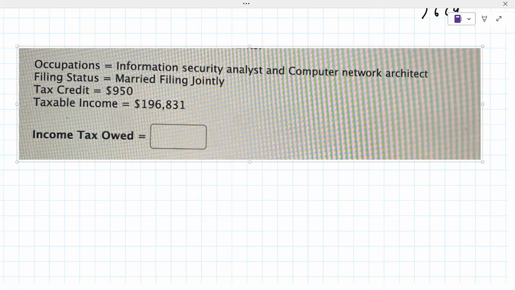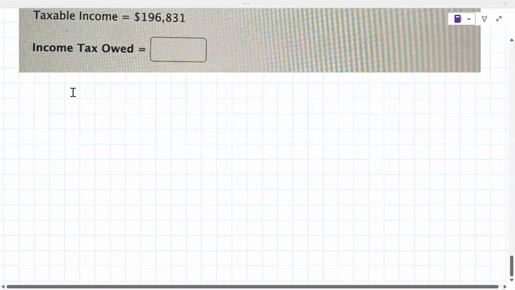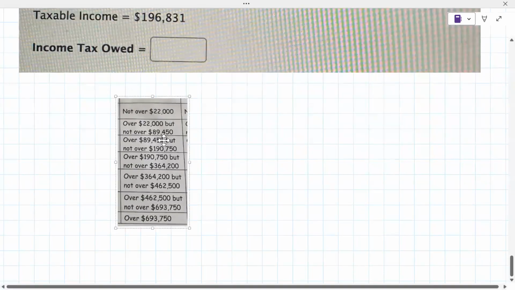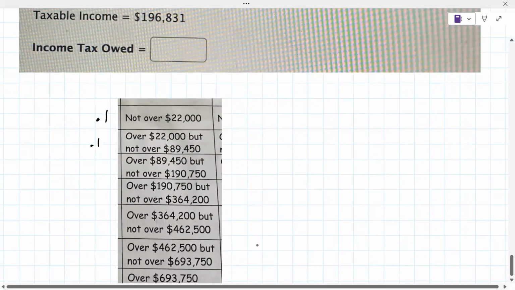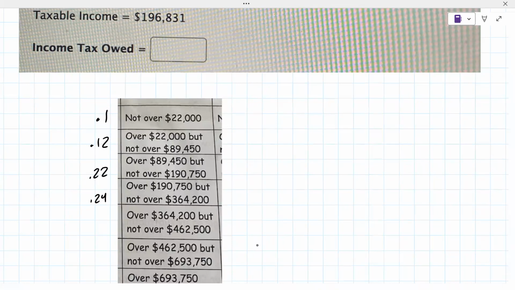So you're going to that table and using married filing jointly, the third column. So the first one is 10%, 12, 22, 24. And that's where you are in this one.